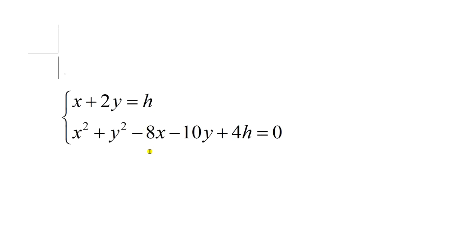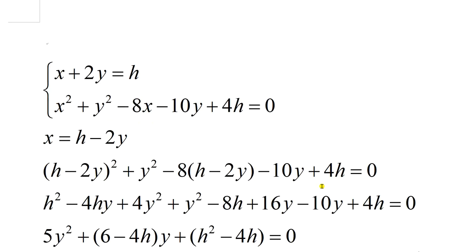If I want to solve these two equations together, you can use simple substitution. Consider the straight line and make x the subject of the equation, then substitute into the equation of the circle.